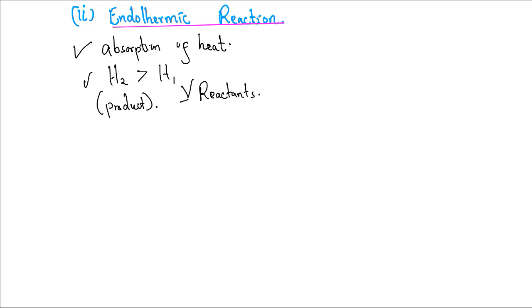It is product minus reactants, but that of the product is already of higher energy compared to that of the reactants. So the difference has to be positive, and not negative like for the case of exothermic reaction.